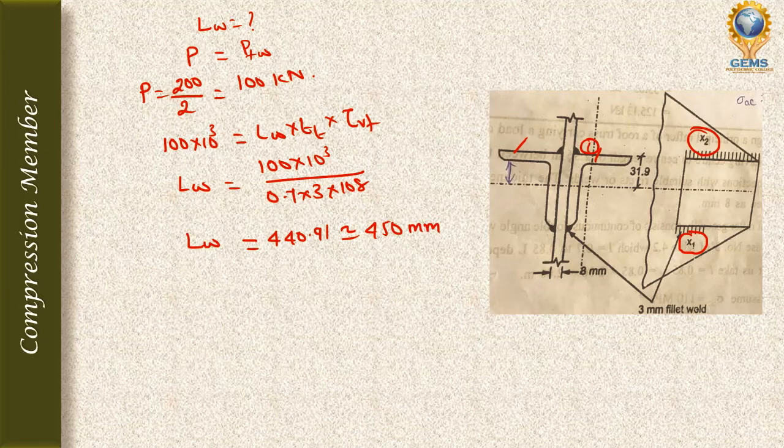So here x1 is less than x2. So we cannot take LW divided by 2 for each of x1 and x2. Since x1 is lesser, we have to calculate the x1 and x2 values separately. So x1 plus x2 is equal to 450 mm.